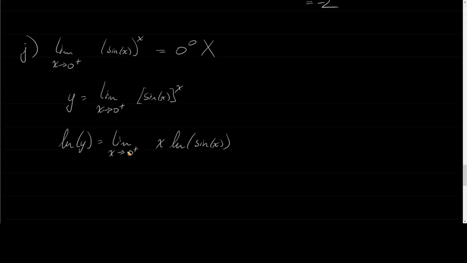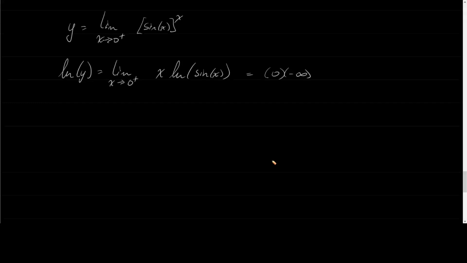Now if I plug in the 0, sine of 0 is 0. ln of 0, what does that mean? We're approaching it from the right, so ln of 0 from the right is negative infinity. But then 0 from the right here is 0. So 0 times negative infinity is an indeterminate form, and we need to somehow apply L'Hopital's rule.